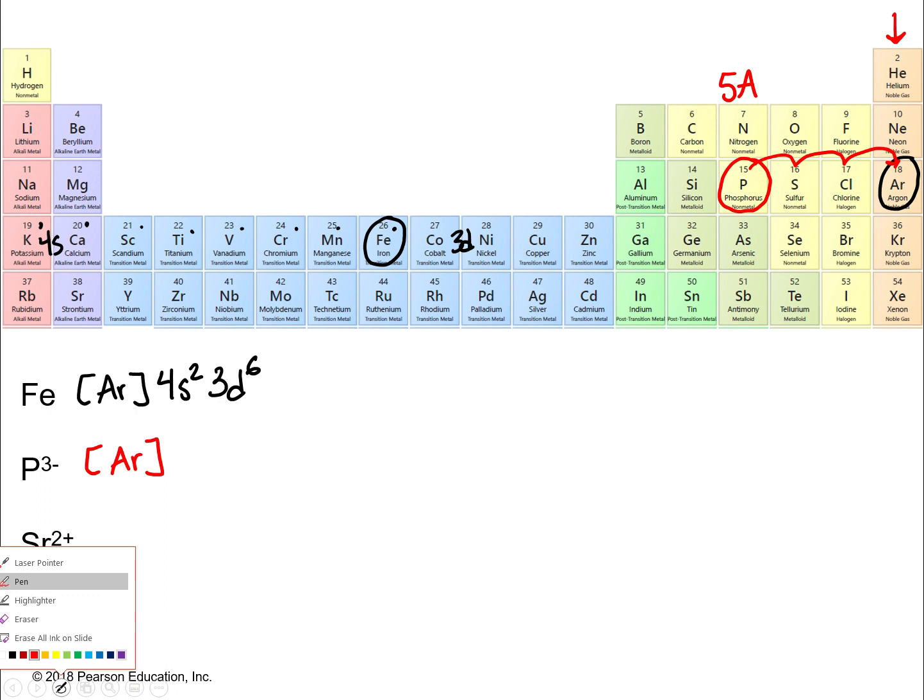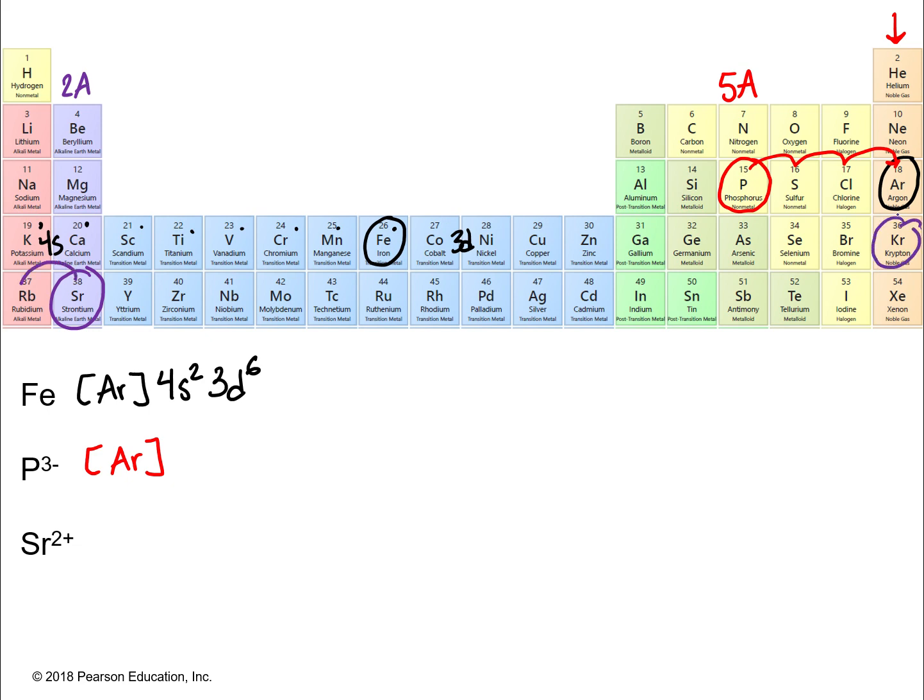The final one, we'll do purple. We're looking at strontium. It's in group 2A. So when it becomes an ion, it's going to lose 2 valence electrons. If we're starting with 38 electrons and we lose 2, that means that we go back 1, 2 to have a total of 36 electrons.